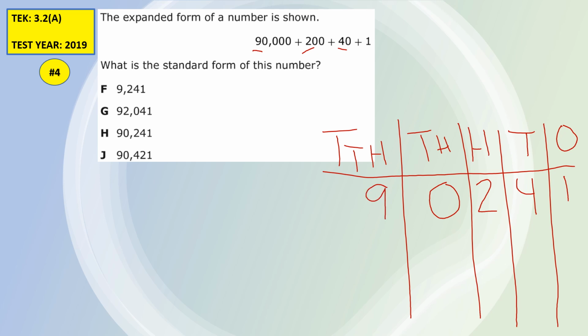And we have our answer, 90,241, which matches H. Is that the answer that you were able to achieve? If so, that's great. Now let's move on to number 5.